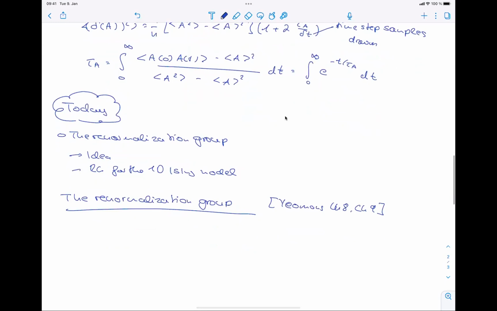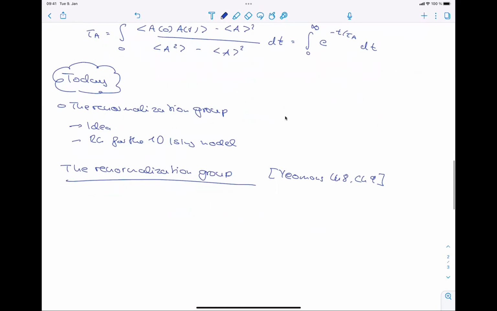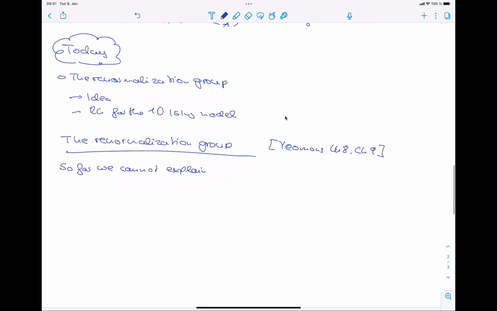So the renormalization group is now the really most potent method that we have in identifying the dynamics at criticality, because so far we cannot explain a number of observations.